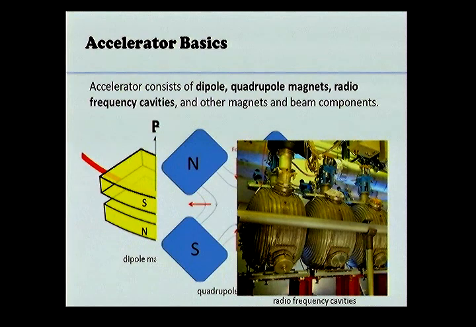This picture shows the radio frequency cavities used in RHIC. We use radio frequency cavities to accelerate particles, to feed the particles' energy, and to focus the particles in the longitudinal direction to achieve a short bunch length.